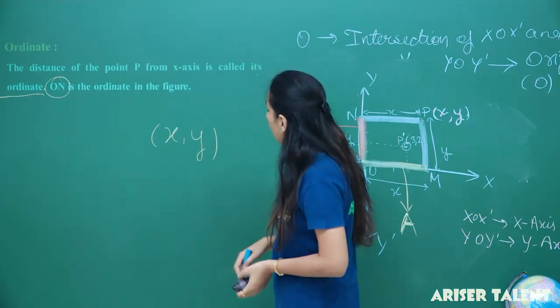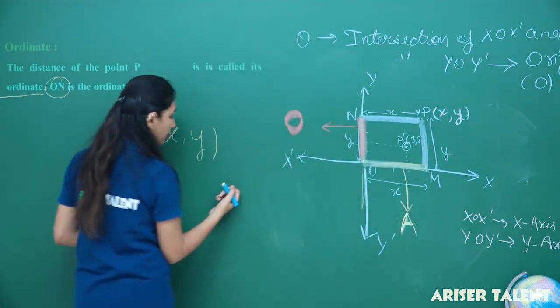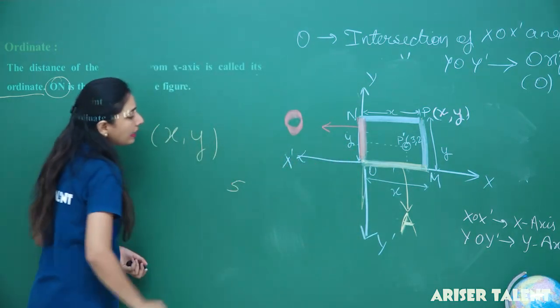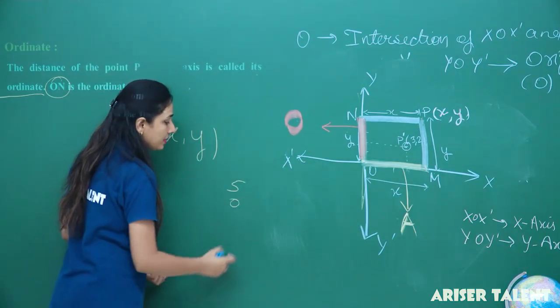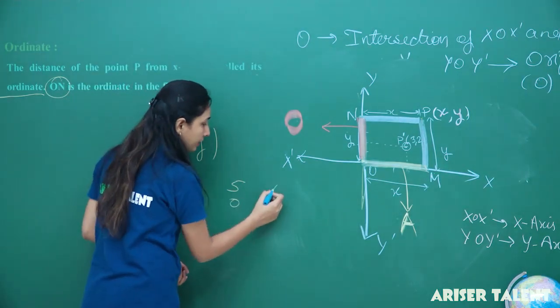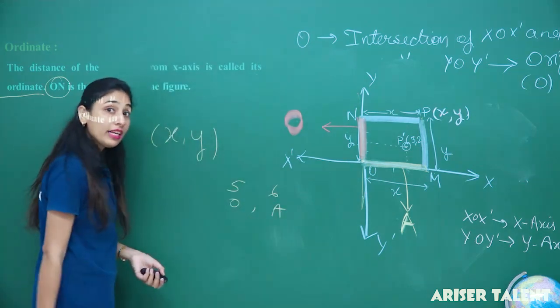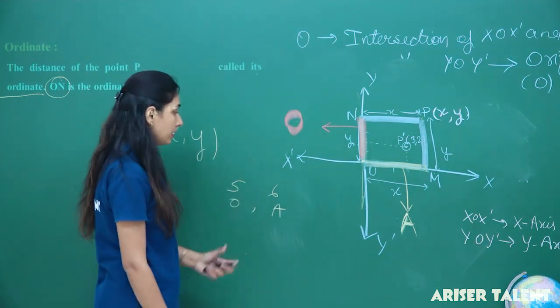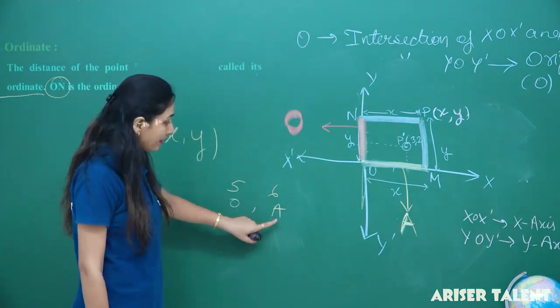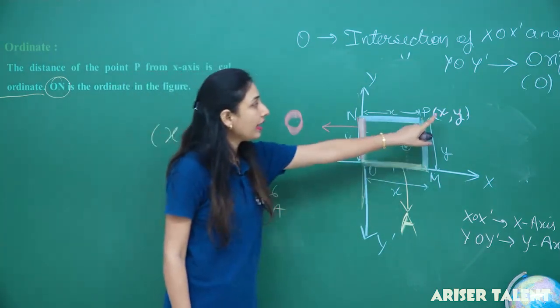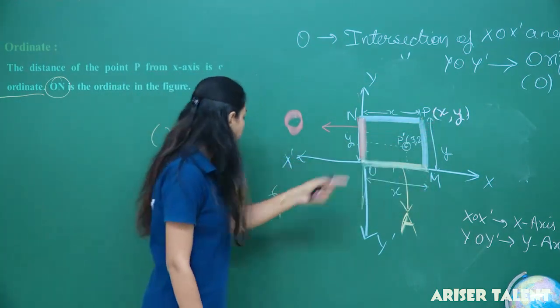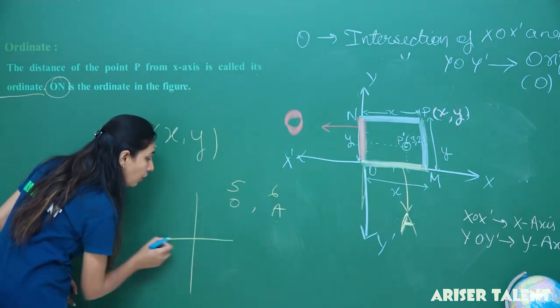If I have told you that the ordinate of a particular point is 5 and the abscissa is 6, I have told you in a different arrangement, because abscissa is the value of x here. So, you will draw like this.